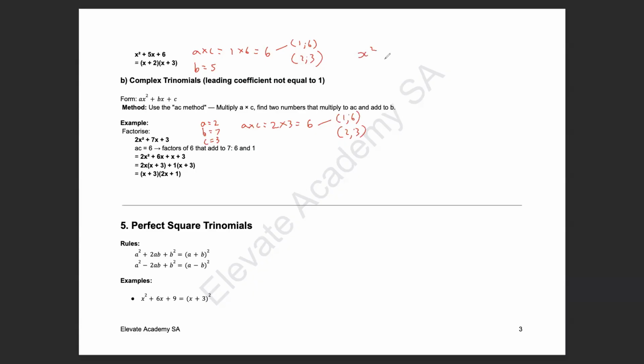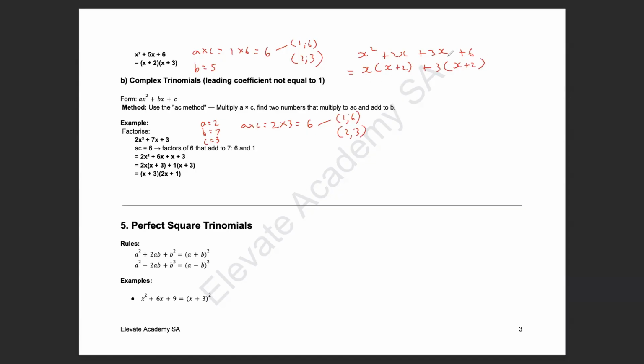We'll say x squared, and we'll split that up into plus 2x plus 3x plus 6. And then we're going to factorize these two terms, x into x plus 2 plus 3 into x plus 2.